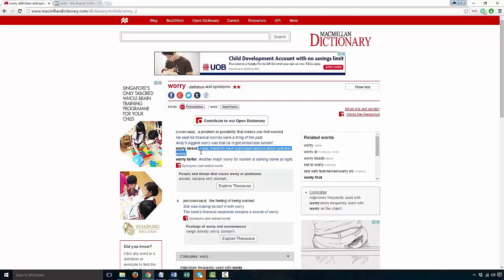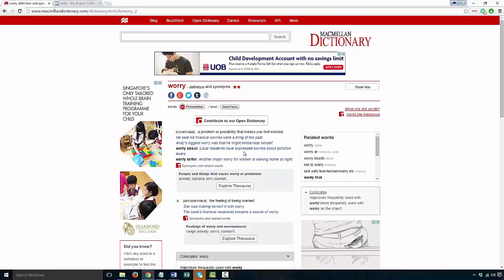So even in this sentence, local residents have expressed. They're using the verb express, in the present perfect simple tense. But this is the noun here. So you can see express is something that you could use. It's a collocation. If they use it as an example sentence, it's definitely something you can use.